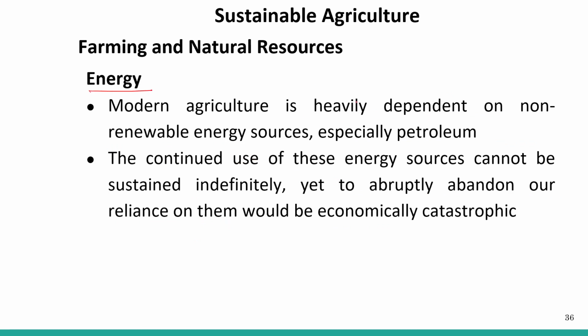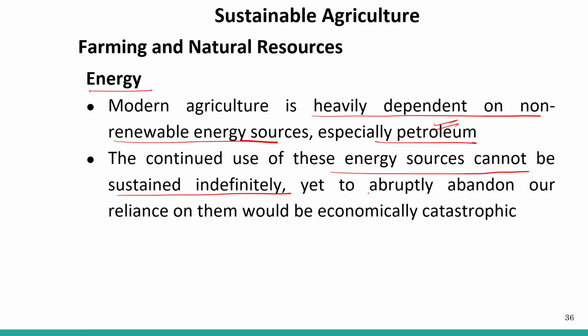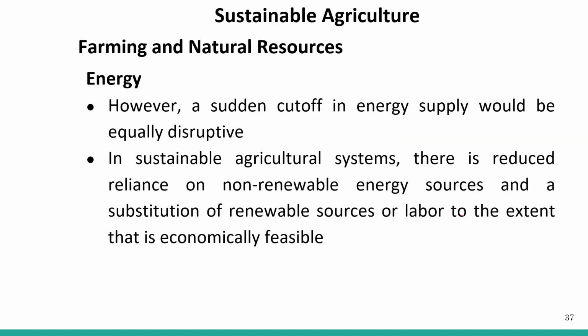Energy. Modern agriculture is heavily dependent on non-renewable energy sources, especially petroleum, right? The continued use of these energy sources cannot be sustained indefinitely, yet to abruptly abandon our reliance on them would be economically catastrophic. So energy is also very important. A sudden cut-off of energy supply would be equally disruptive.